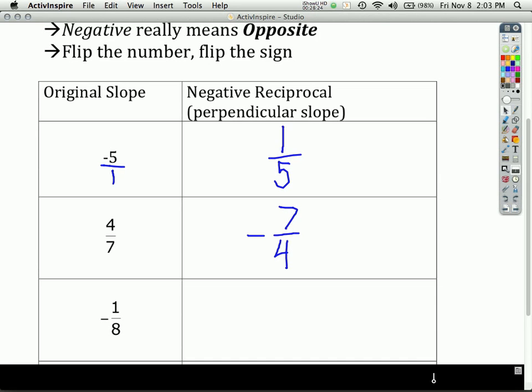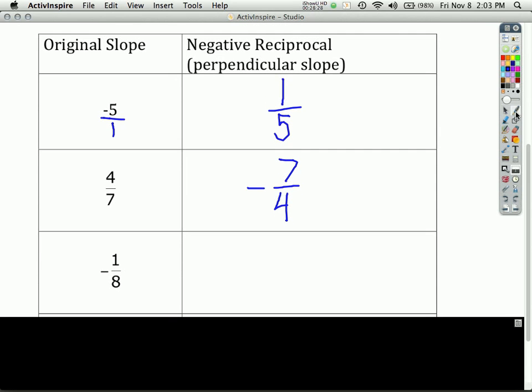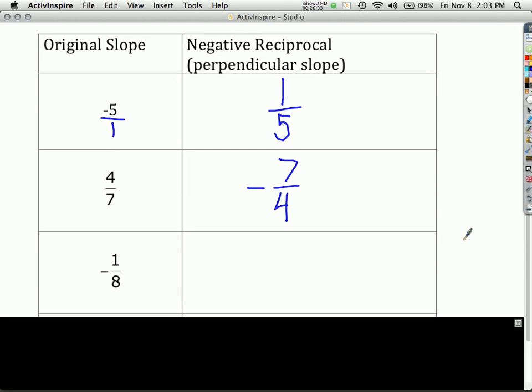What about -1/8? What will that perpendicular slope be? Kayla? Very good. I love the way she said +8 to be really clear about that. Yeah, +8.